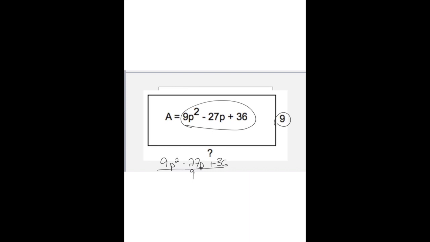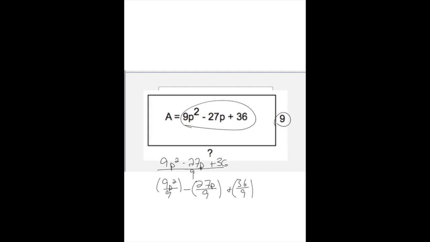we can break this into 3 steps. We'll have 9p squared over 9 minus 27p over 9 plus 36 over 9.